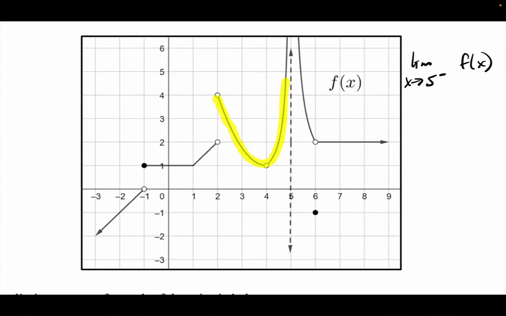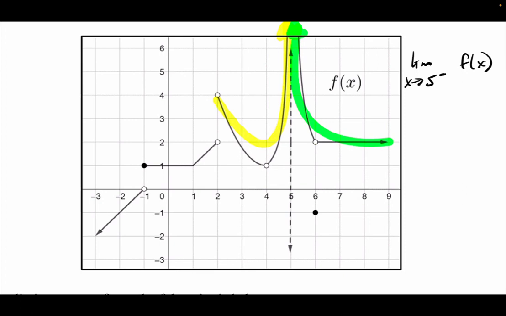So where is it going as it gets closer and closer to x equals 5? Positive infinity. Yeah, it's going to positive infinity, right? Up as far as it can go. What if I go the other way? So what if I'm coming from the positive side? Where is it going? Positive. Same place, right? Positive infinity.